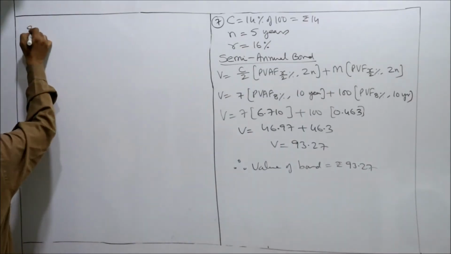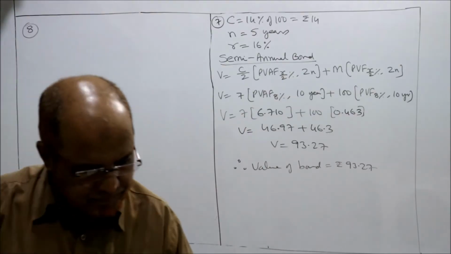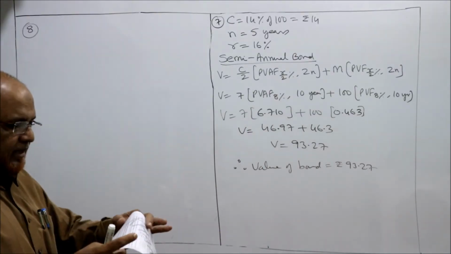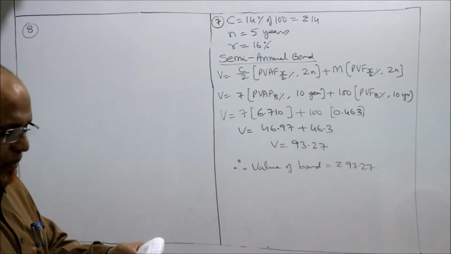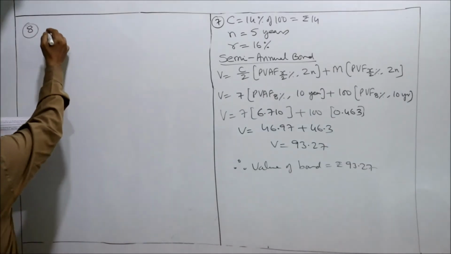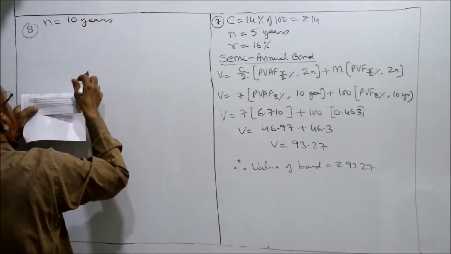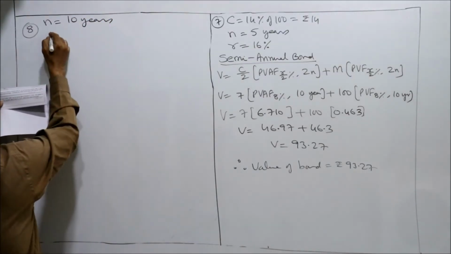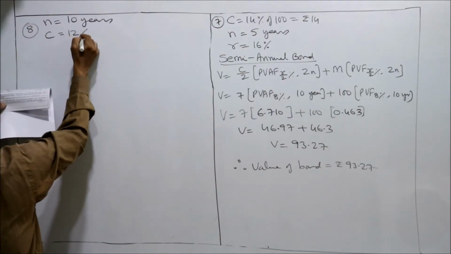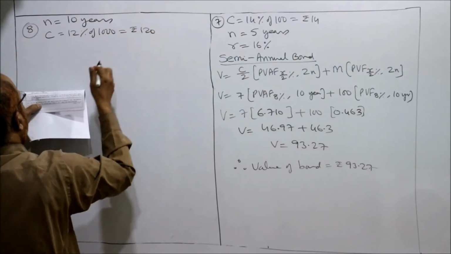Now we'll come to the 8th problem. A 10-year bond of rupees 1000 has an annual interest rate of 12%. N is equal to 10 years. Then C is equal to 12% of 1000 is equal to rupees 120.